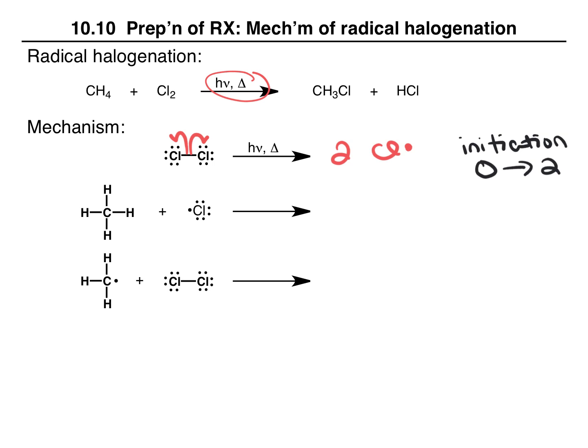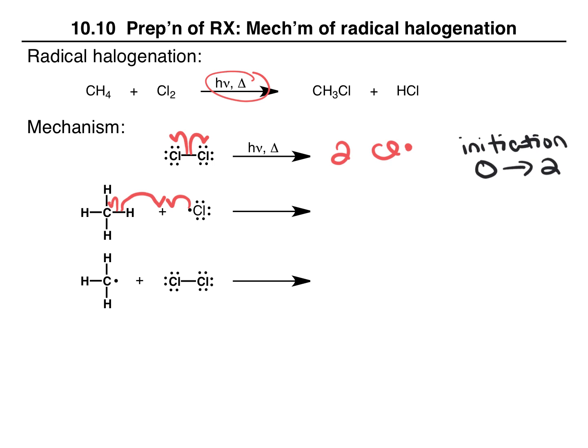Next, one of these chlorine radicals can bump into a molecule of methane. And when that happens, the chlorine can abstract a hydrogen. So the chlorine will offer up its one electron, and the hydrogen brings one electron to form a new bond between the hydrogen and the chlorine, and then this other electron moves onto the carbon.